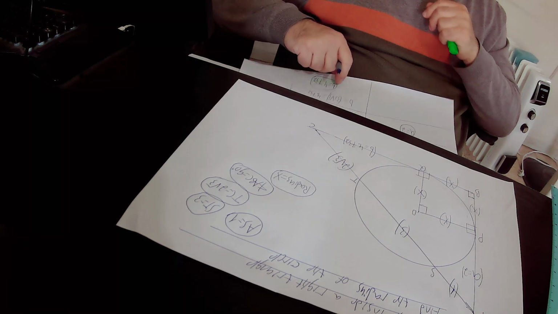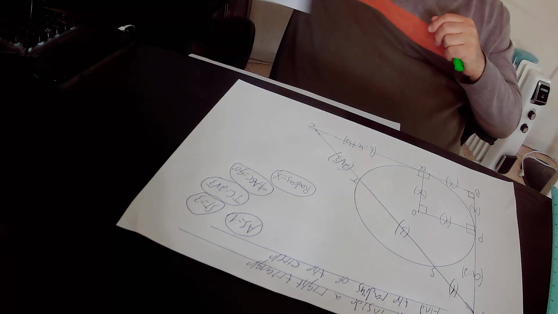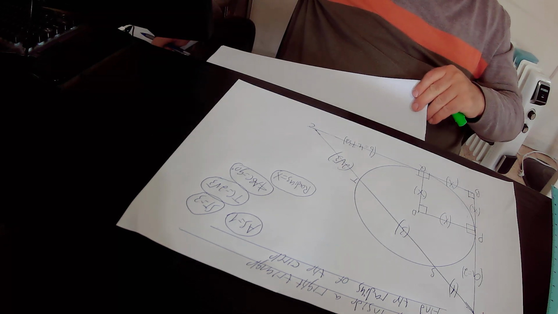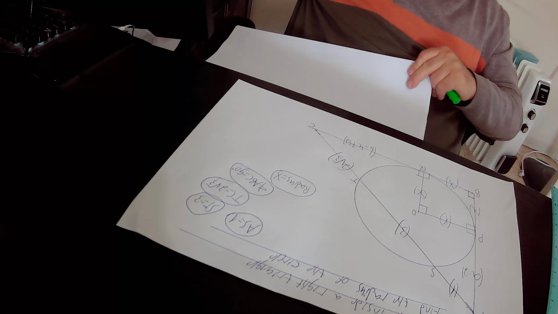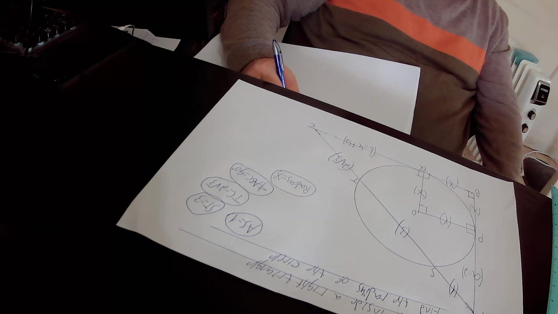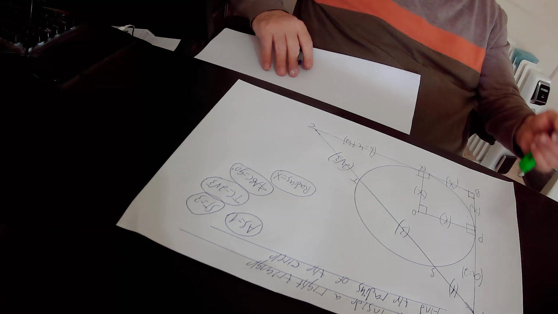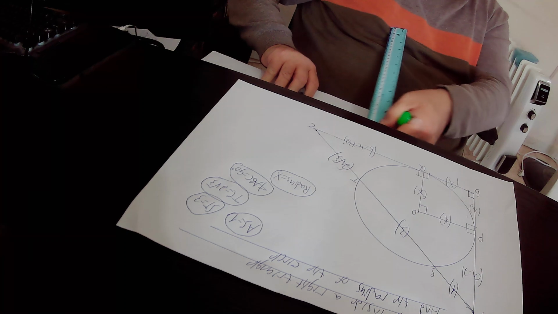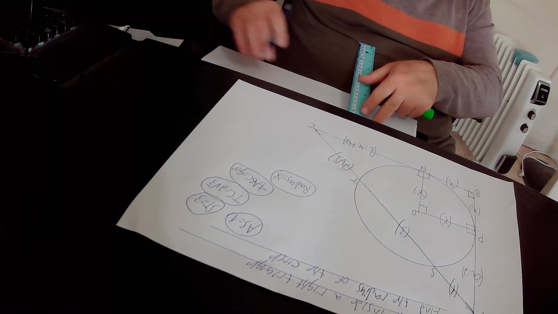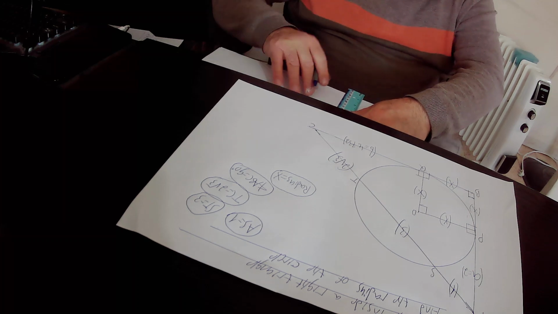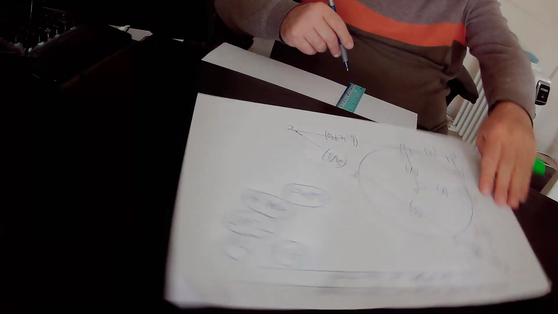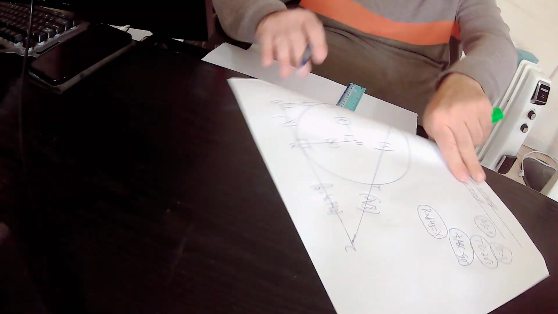In the next step, we will implement the Pythagoras theorem in the big right triangle, triangle ABC. According to the Pythagoras theorem, in any right triangle, the square of the hypotenuse equals the sum of the squares of the perpendicular sides. The hypotenuse of this right triangle ABC is AC.